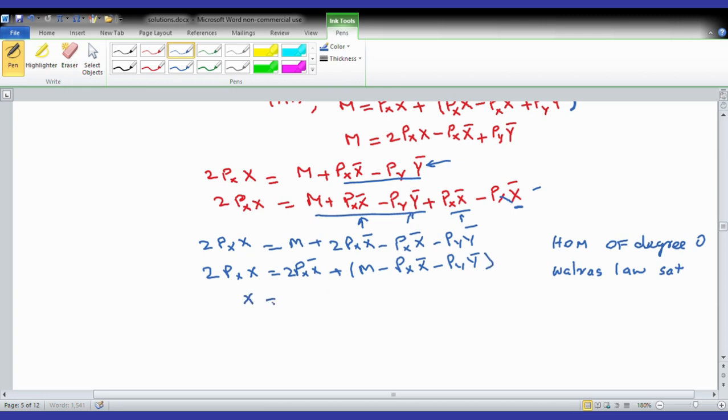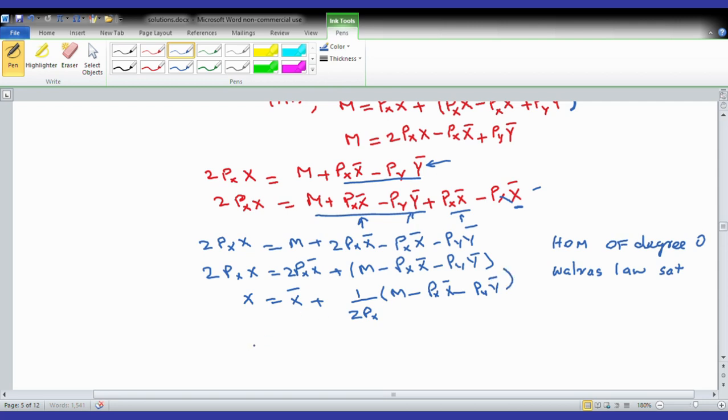So x is equal to x bar plus 1 over 2 px m minus px x bar minus py y bar.